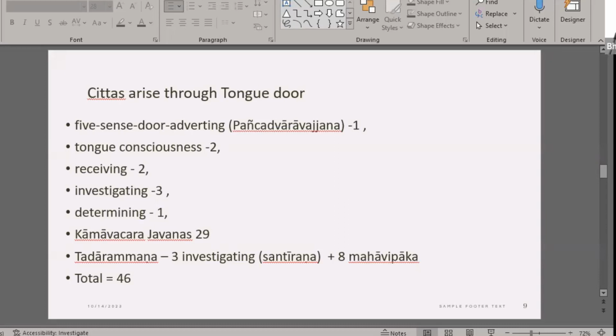After that, investigating consciousness, santirana citta, determining consciousness, votthapana citta. After that, Kamavacara javana, finally, Tadarammana. Similarly, 46.